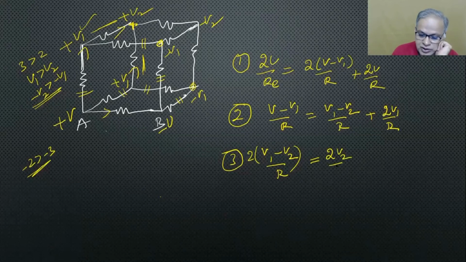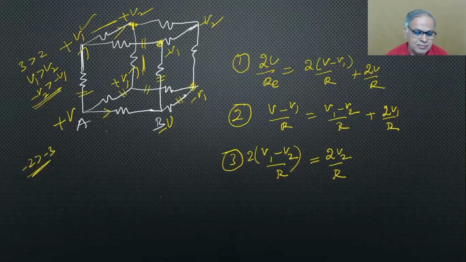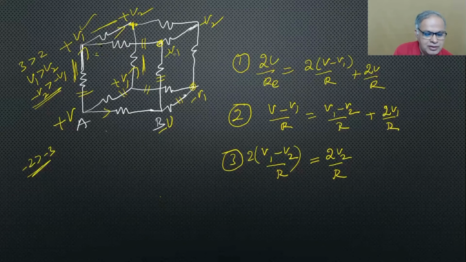So do you all agree for this? Gautami, Anurima, Khaja, Himanshi. Sir, in second one, 2V1 by R. Second one? 2V1 by R he wrote. Let us see. V minus V1 by R. This one he wrote, right? So V1 minus V1. This is a junction, dear.